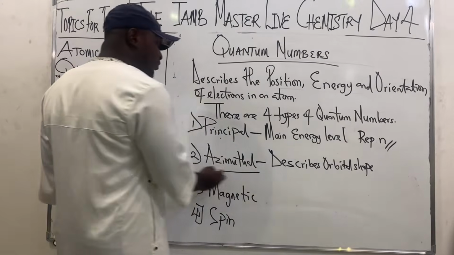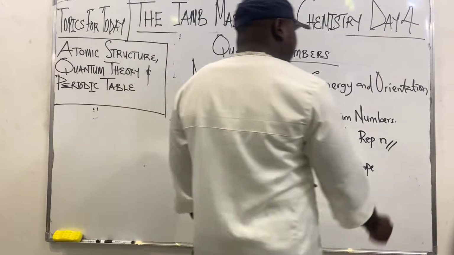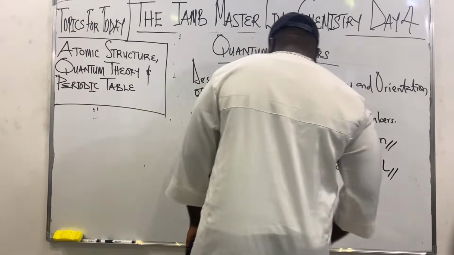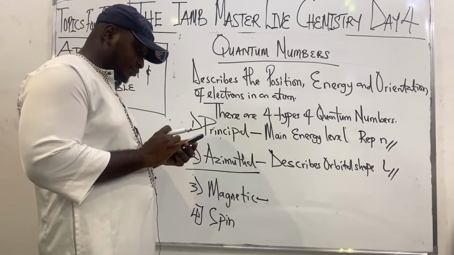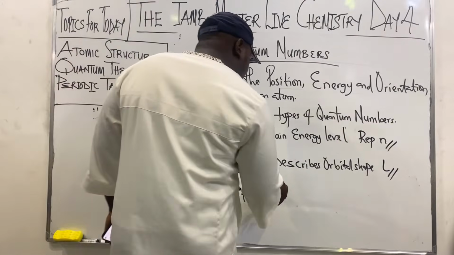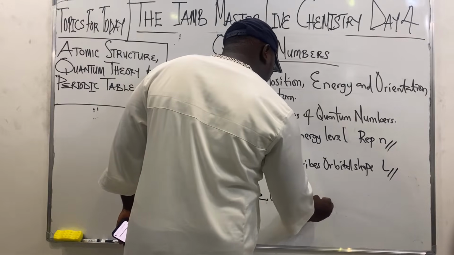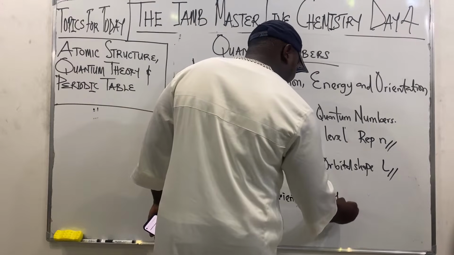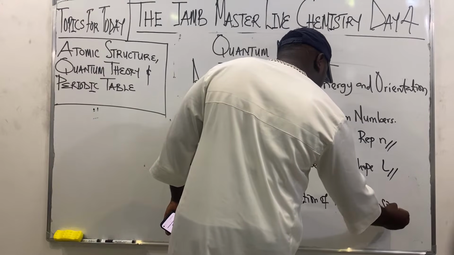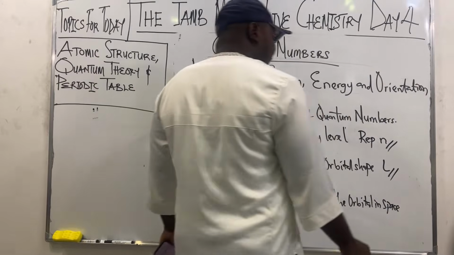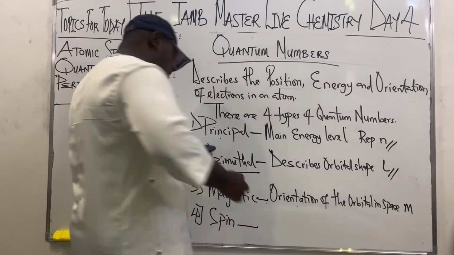Who can tell me another name for the azimuthal quantum number? Drop it in the comment section. What is another name for the azimuthal quantum number? Class, the azimuthal quantum number is written with L. The magnetic quantum number gives the orientation of the orbital in space. And the symbol for the magnetic quantum number is M. Lastly, we have the spin quantum number.